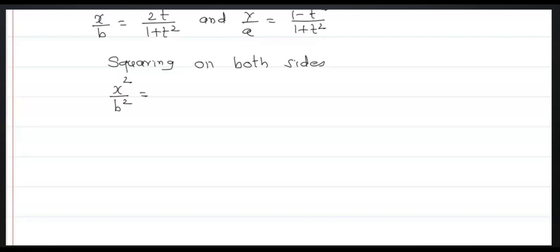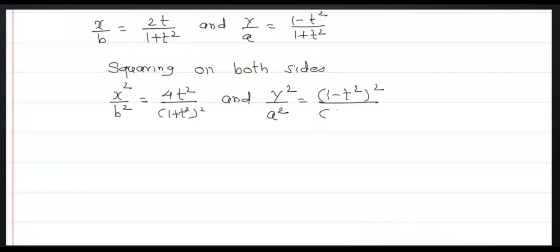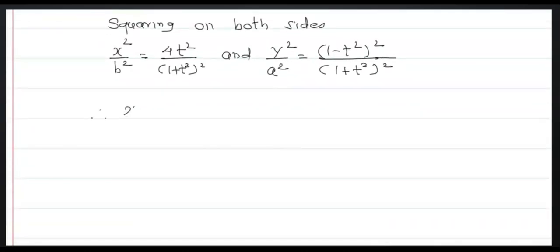x square upon b square plus, that is 4t square upon 1 plus t square bracket square, and y square upon a square is equal to 1 minus t square bracket square upon 1 plus t square bracket square. That is x square upon b square plus y square upon a square.